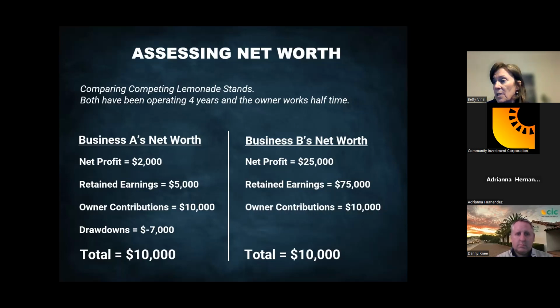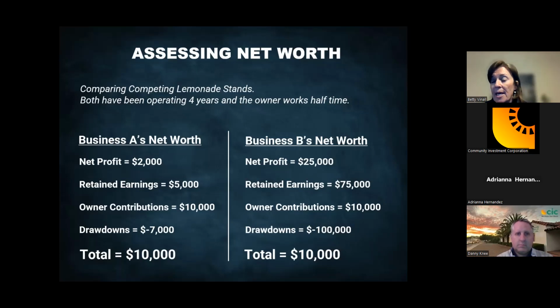Here, the owner has put in $10,000 also, but they've made a lot more money, and so they've taken $100,000 out of the business. So you can see the equity section actually gives you a lot more information.